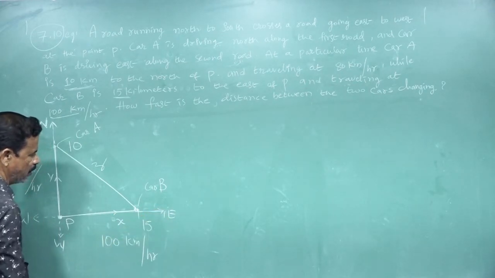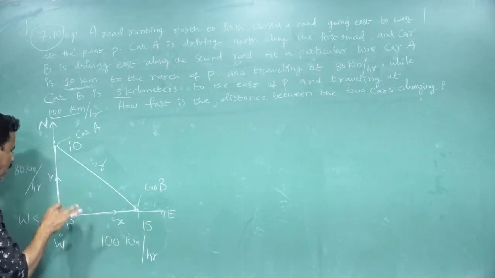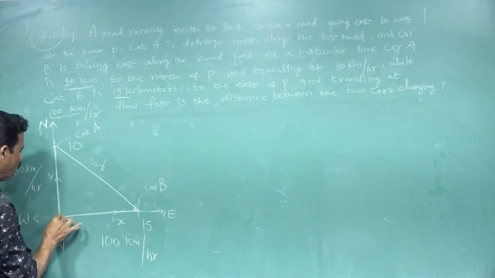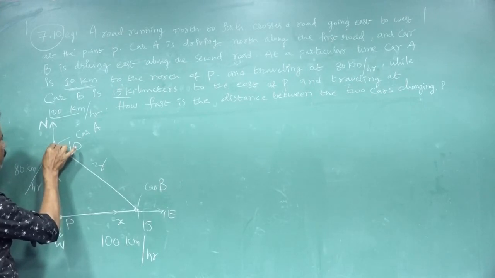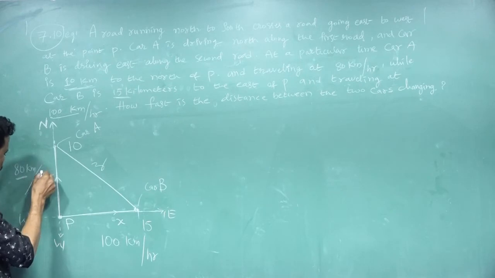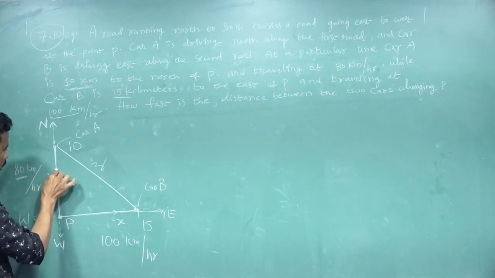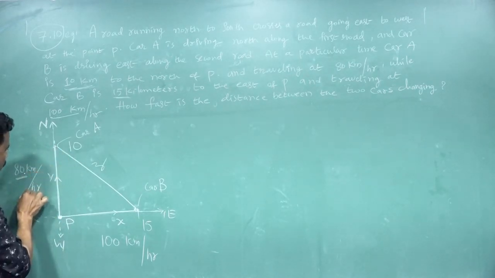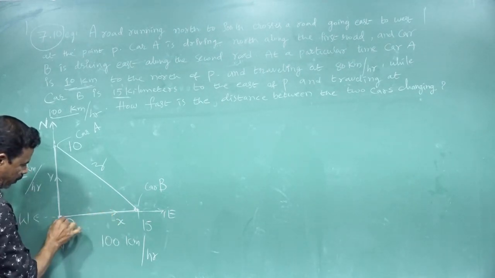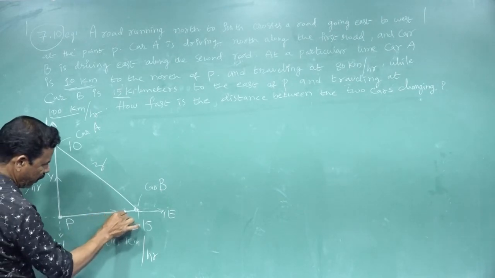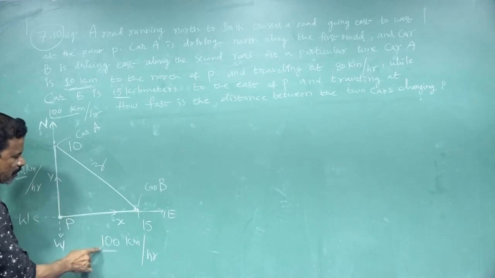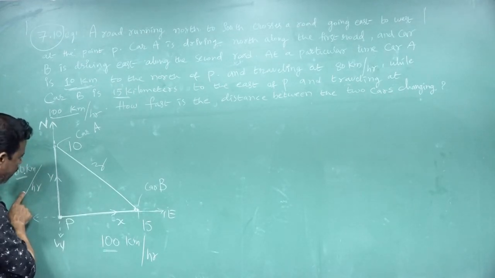Next, car A moves to the north at a rate of 80 kilometers per hour. Next, car B goes from P to the east side at the rate of 100 kilometers per hour. This is the speed of car B, and this is the speed of car A.